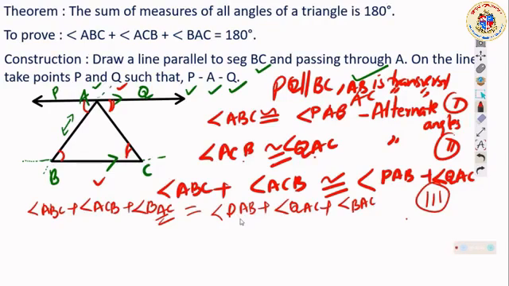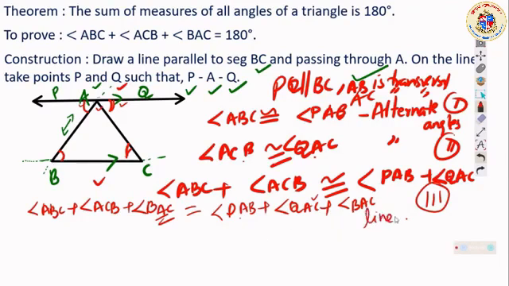Which are they? PAB, then QAC, this one. Then BAC, this one. It becomes a linear pair of angles. Correct? This is a linear pair.